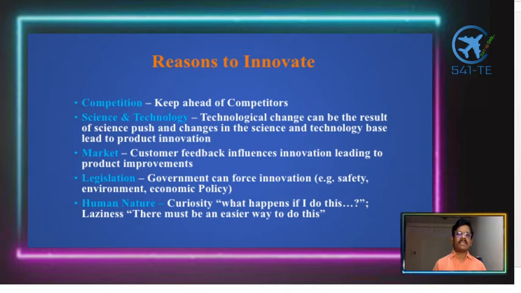The second is science and technology. Technological changes can be the result of science push, and changes in the science and technology base lead to product innovations, because whatever science and technology is available at present changes the way we do business. For example, we can't imagine tourism and travel business without ICT devices like apps, the internet, and different types of software used in business operations.